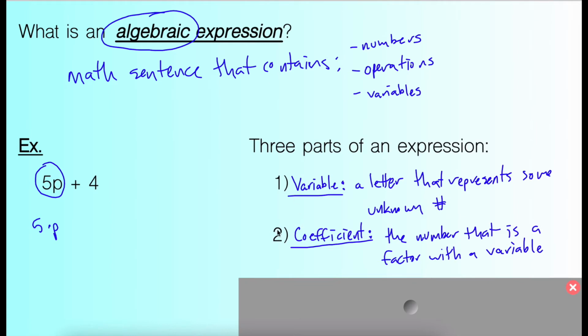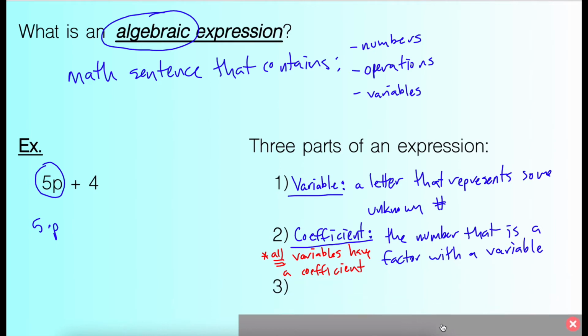And I'll add in this little extra information. All variables, no matter what, have a coefficient. So no matter what, if it's a variable, it has to have a coefficient. There's going to be something that's being multiplied by it. So just keep that in mind, and we'll come back to that point a little bit later in this lesson.